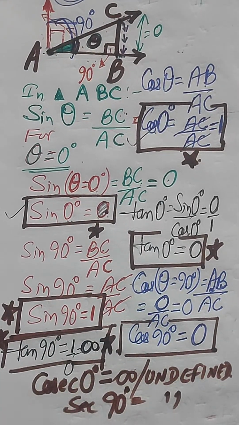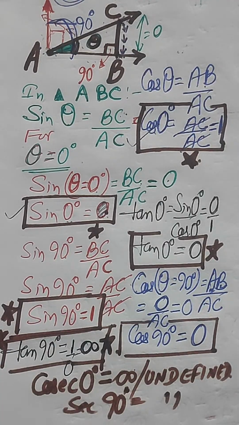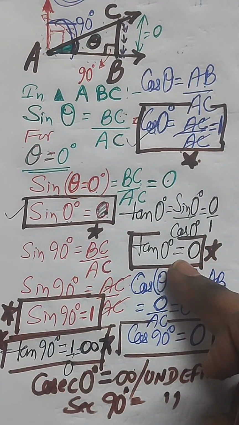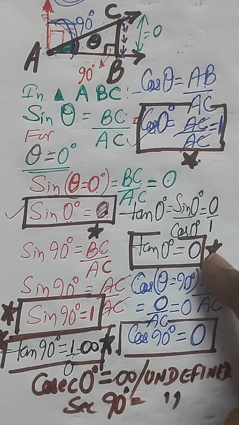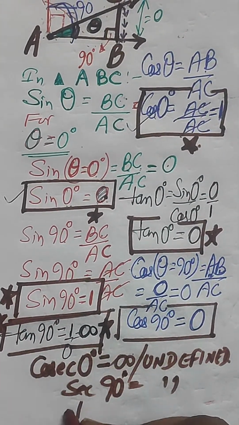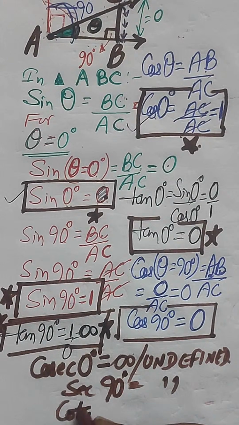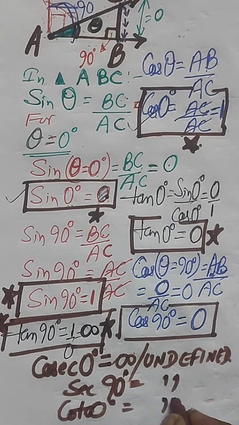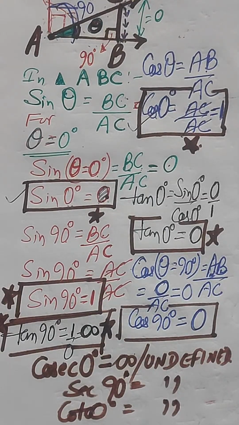Similarly, for cot 0, because tan 0 is 0, cot 0 is 1 by tan 0. So in the denominator 0 will be coming. So in that case, we can say that cot 0 is also undefined.